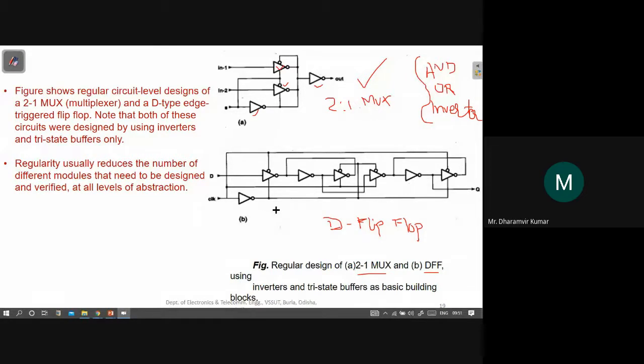Those things were required. Although you could also design the circuits by using NAND gates and inverters.